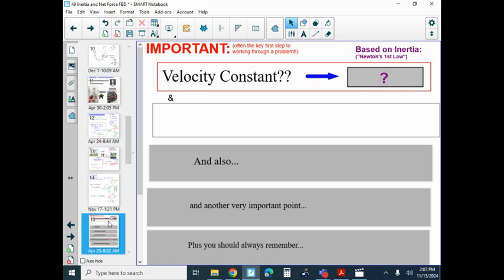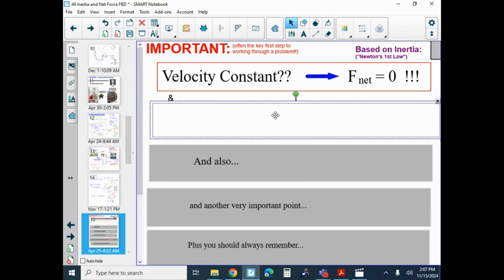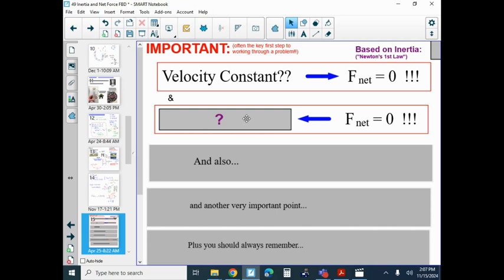If a question tells you there's constant velocity, then there is a net force of 0. It's based on this concept of inertia: if you don't have a net unbalanced force, you're going to maintain that velocity. And of course, it goes the other way around: if you know there's a net force of 0, then you have a constant velocity.